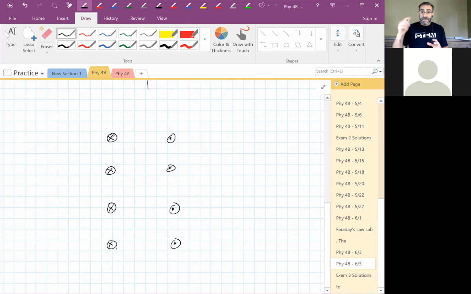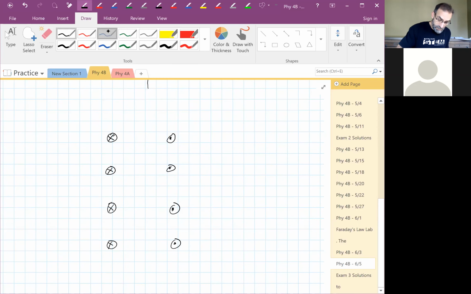Each one of these current carrying wires fills the space around it with a magnetic field. The magnetic field forms circular paths around the wire.